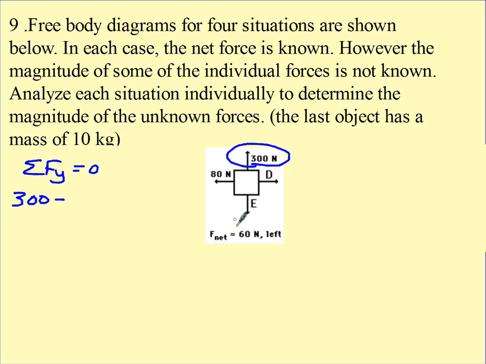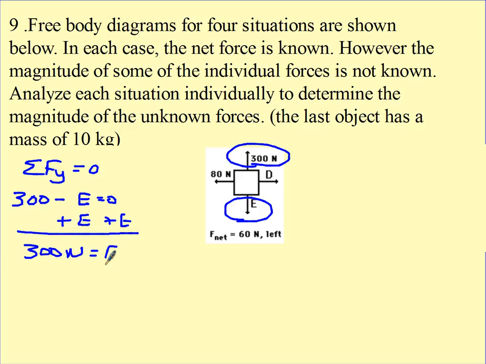What do I have going down? I have E going down. This equals 0. I need to solve this for E. So I'm going to add E to both sides. So I get 300 is equal to E, or 300 newtons is equal to E. I like to write it as E equals 300 newtons. A lot of times I just go ahead and flip it.